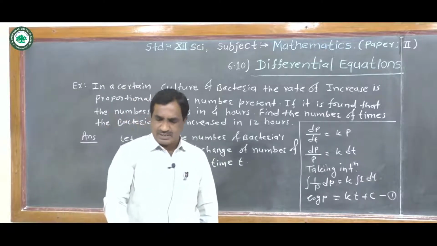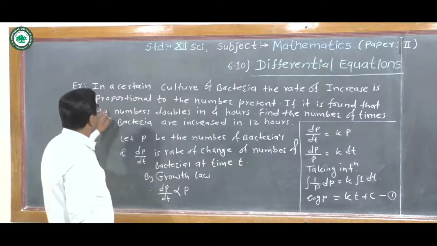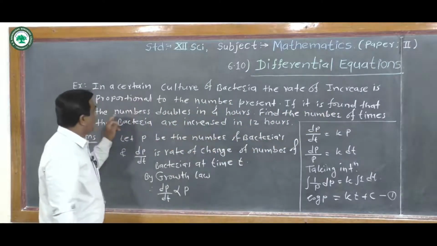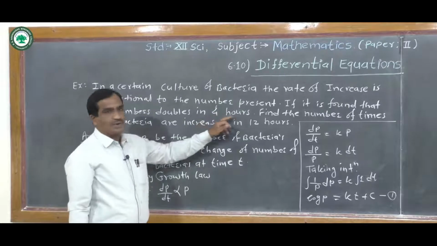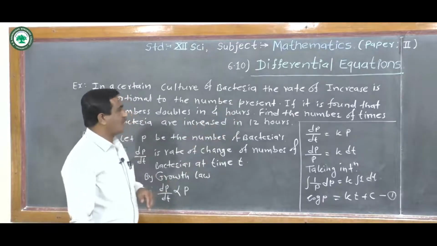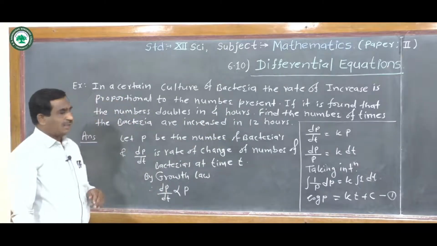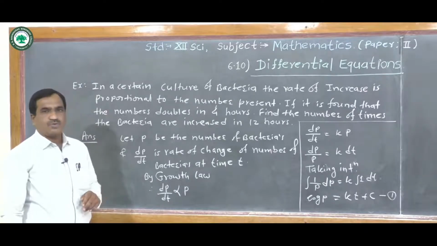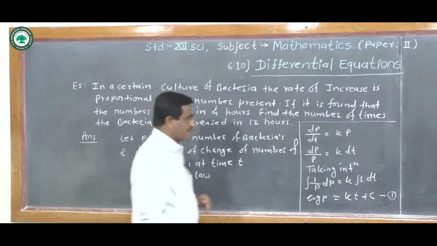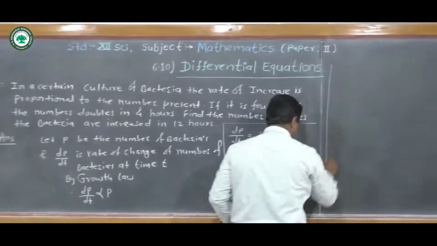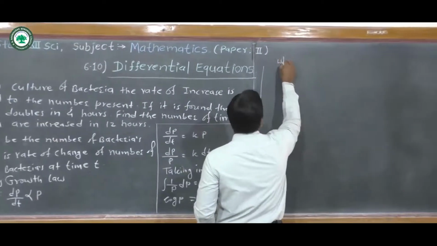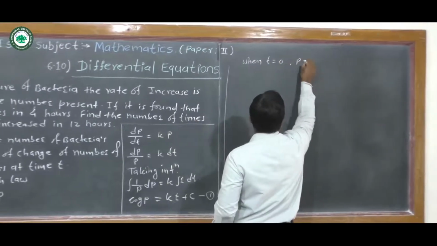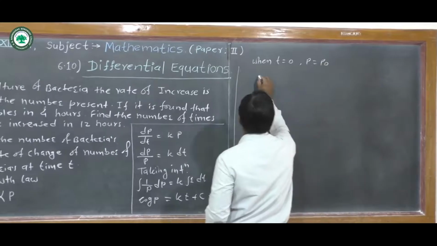Now we use conditions here. First, the number of bacteria doubles in 4 hours. Initially, when t is equal to 0, we take P equal to P0, the first condition.